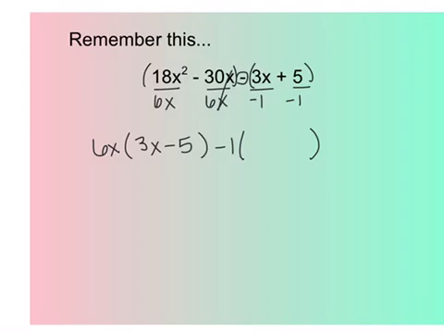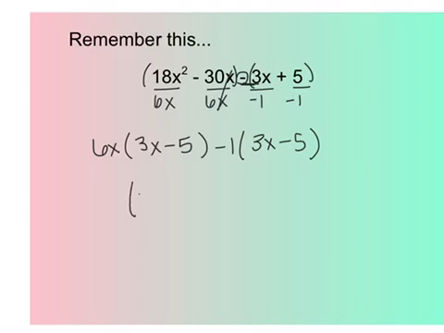When I do 3x divided by negative 1, I end up getting a negative 3x. That's why a negative divided by a negative gives me a positive. And then a positive 5 divided by a negative 1 gives me a negative 5.